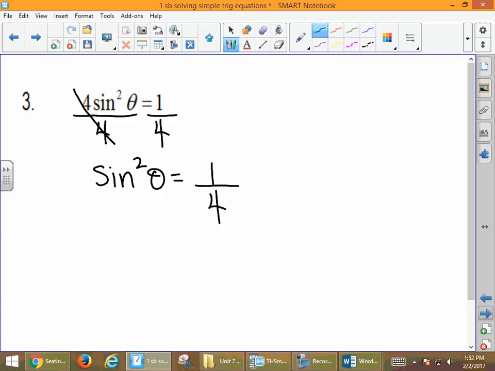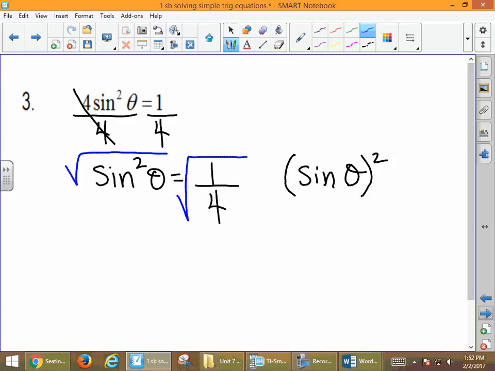Now, we've seen squared written a couple of ways, so if you're okay with it like this, it's fine. But sine squared can also be written like that. The bottom line is we need to know, how do we undo squaring, Chloe? We're going to take the square root. We take the square root here, and the square root there.